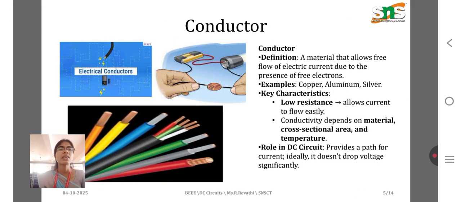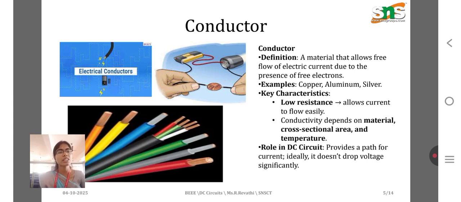The conductor is a material that allows free flow of electrons or charges due to the presence of free electrons. Examples of major types of conductors are copper, aluminium, and silver, which have a high amount of conductivity. Speaking about conductors, we know there are conductors, insulators, and semiconductors. A conductor allows the charges to flow through it.